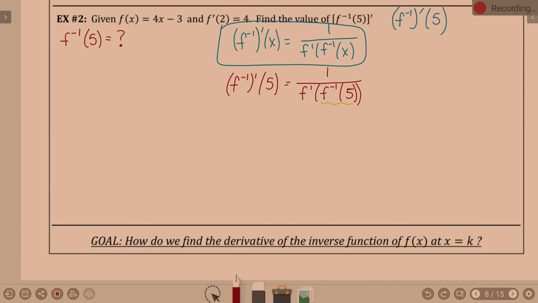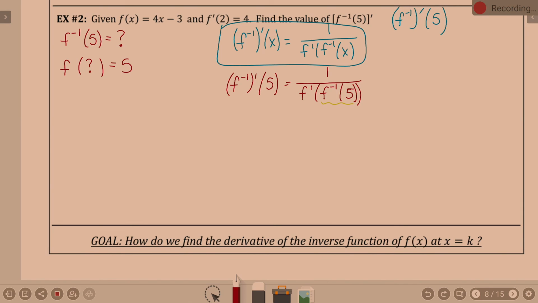The input being an inverse, they switch. So that's x in there and then 5's out there. If they're asking us f inverse of 5 equals what, we need to find f of what equals 5. So we do 4x minus 3 equals 5.